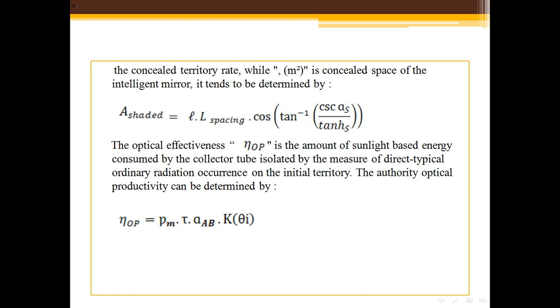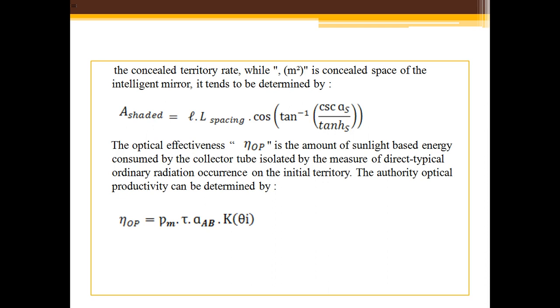The optical efficiency is the quantity of solar energy absorbed by the receiver tube divided by the amount of direct normal radiation incident on the opening area.